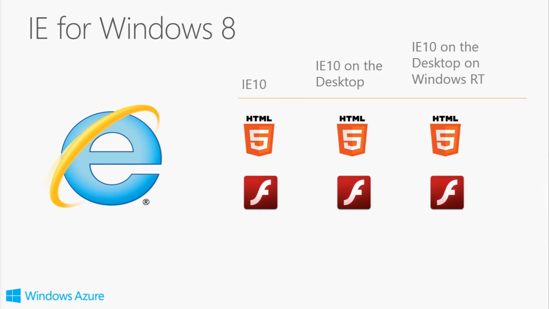And Silverlight is only available on IE10 on a full desktop, not the RT device, because DirectX doesn't run on ARM devices. That's the reason Silverlight can't be used on the desktop on Windows RT.